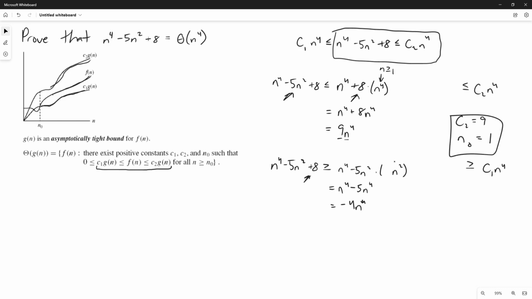Now, this is wrong because we need this C1 to be a positive number, so we can't do this. We'll have to limit this when we get it to the next order, so it's still a positive number down here.